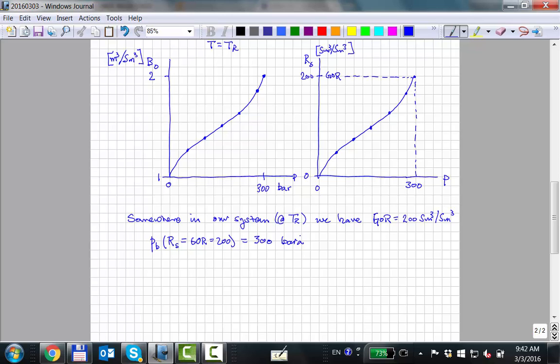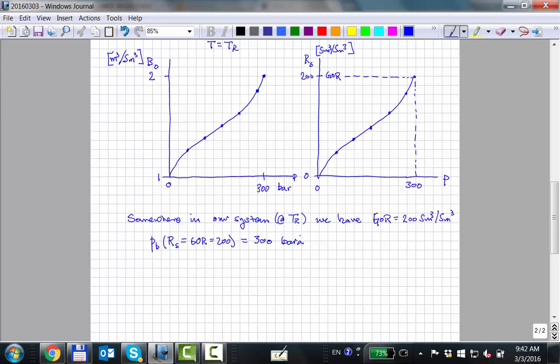It's a saturated case, so we will have a gas phase and an oil phase. We're not there yet. We haven't said what our system pressure is. This GOR is the total GOR of the system. I'm just saying that we went somewhere in the reservoir, pulled the sample out, and measured the GOR was 200. That's all I'm saying.